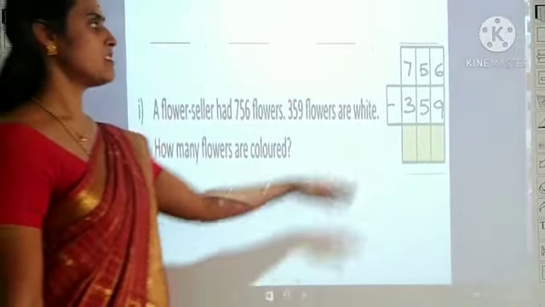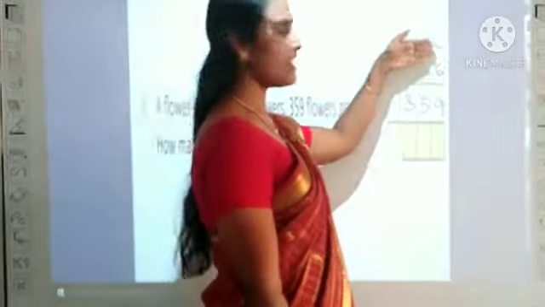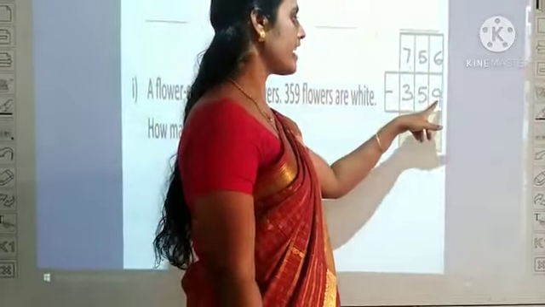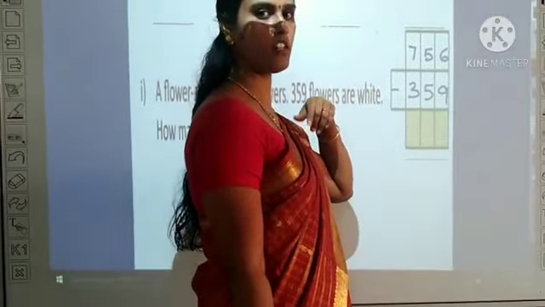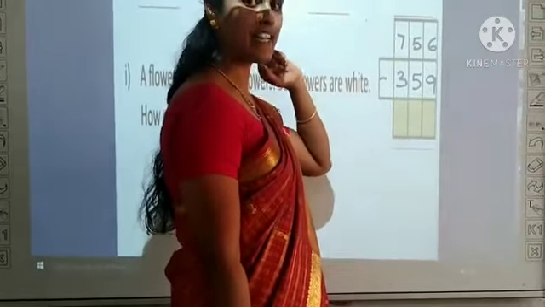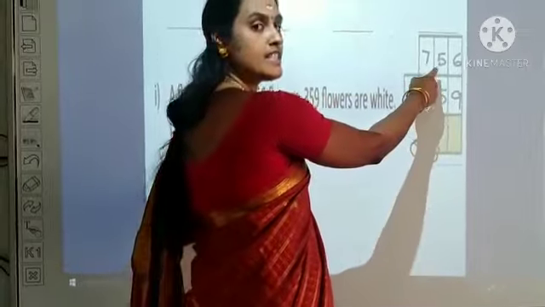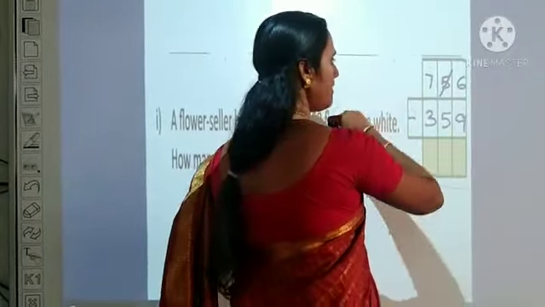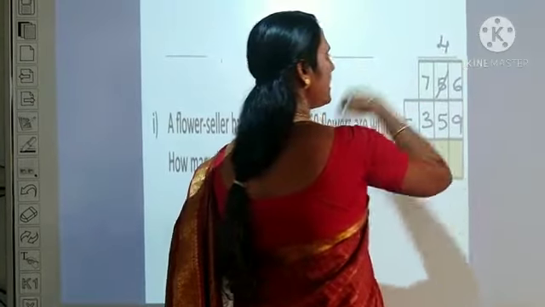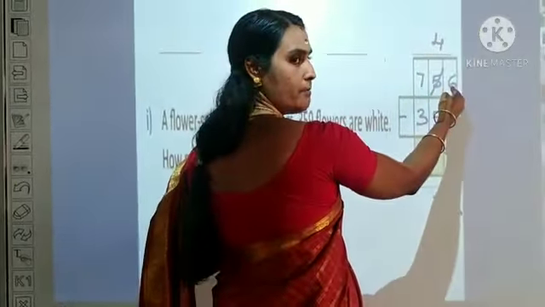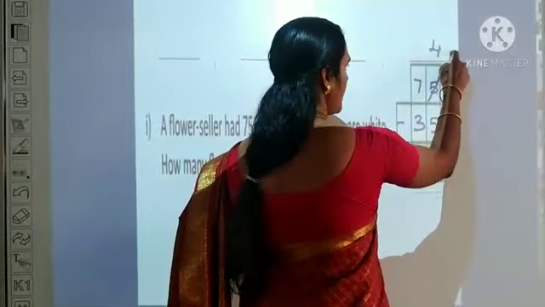Okay, children. So, the ones place 6 minus 9. Can you take away 9 from 6? It's not possible, isn't it? So, we have to borrow from the next number. Here the next number is 5. So, what do you have to do? You have to strike away 5 and then write 4 here. Isn't it? 5 minus 1, 4. 6 will become 16.